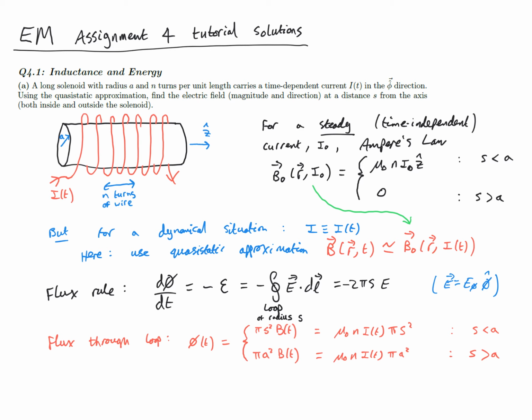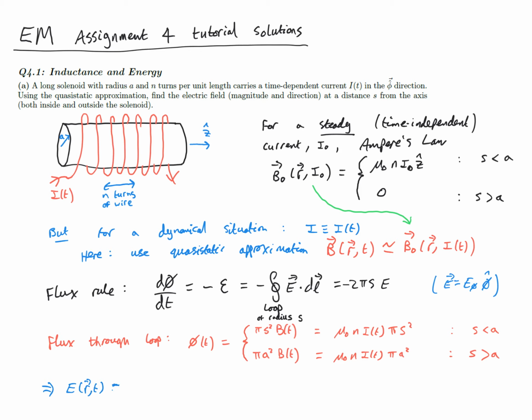So now I just need to take the time derivative of this and then divide by 2 pi s, and I'll be able to find the electric field strength following from the Flux Rule formula. And that gives us the following result for the strength of the electric field E at a point r and time t.